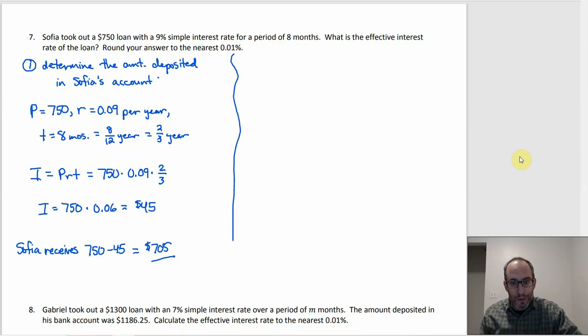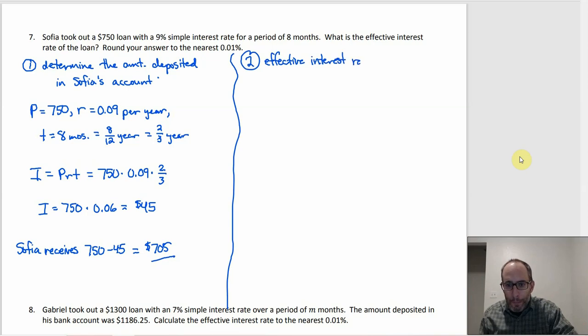So, all right, step 2. Here's where we'll get the effective interest rate. All right, so now in order to do this, we're going to say that P is 705.